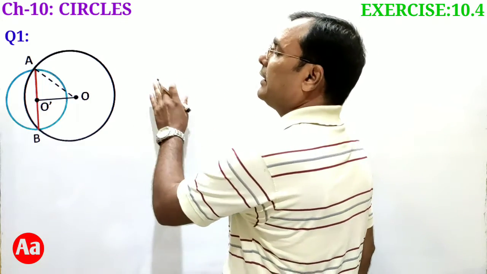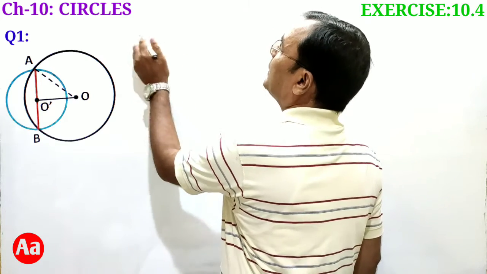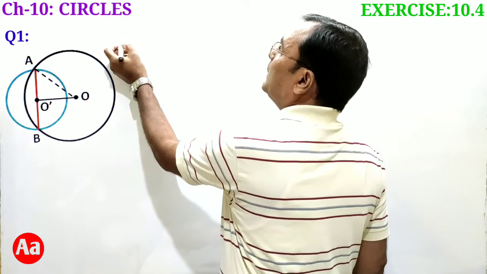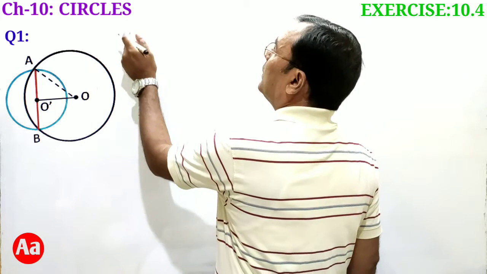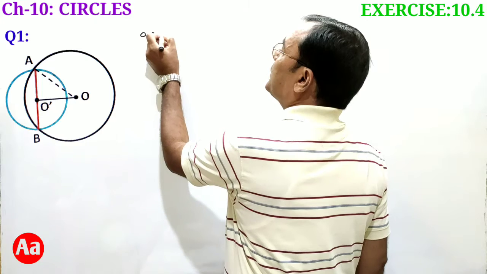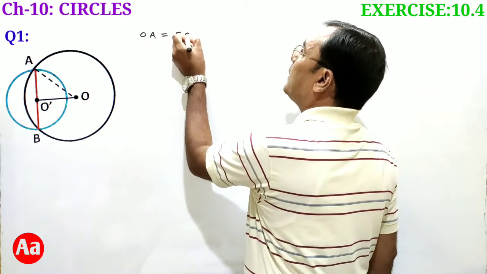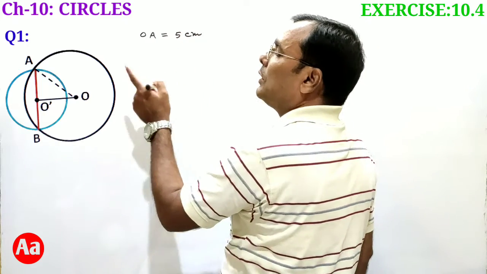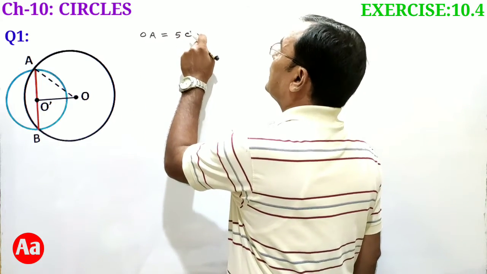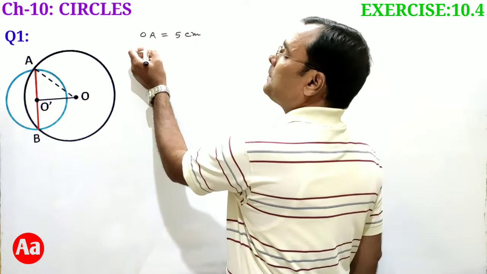O is the center of the circle with radius 5 cm. So OA is equal to 5 cm. OA is the radius of the larger circle. O dash is the center of the circle of radius 3 cm.